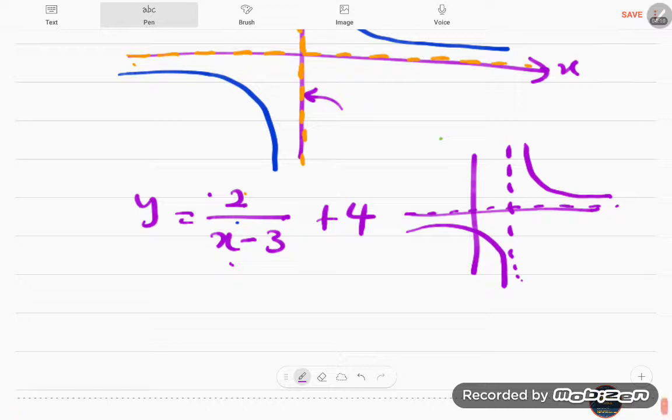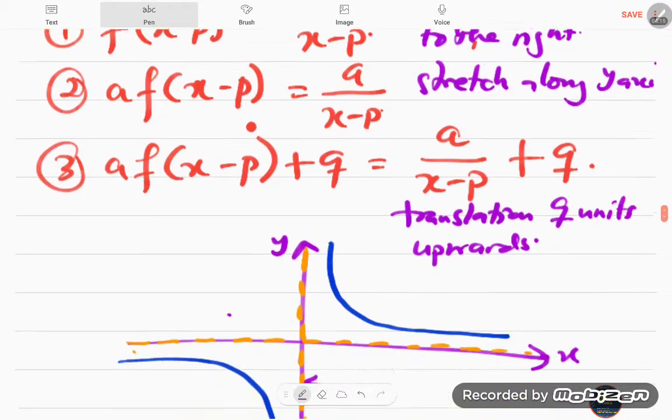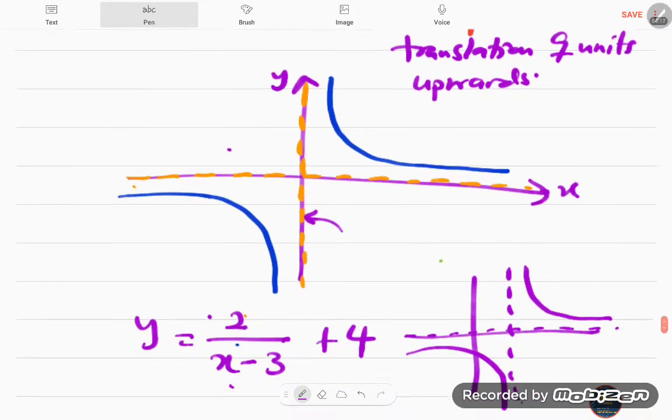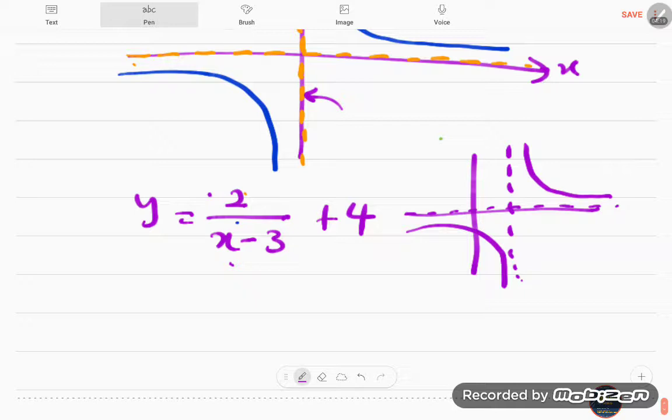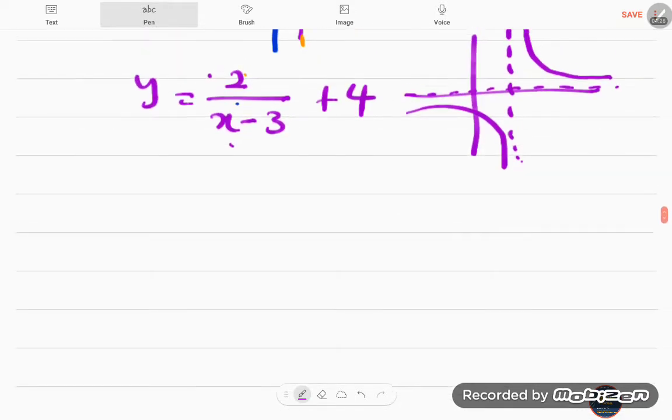And then the next one is going to be stretching the graph along the y-axis by 2. If you stretch it, the difference may not really be felt as much, but let's see how the graph is supposed to look.